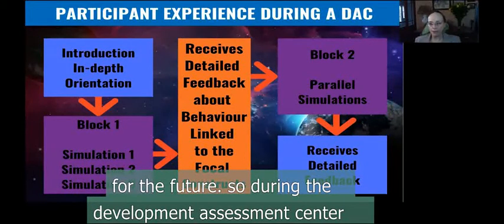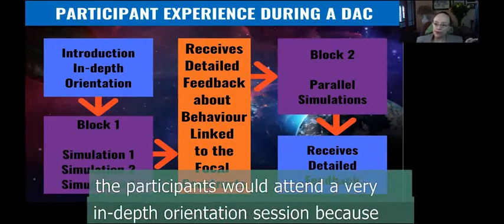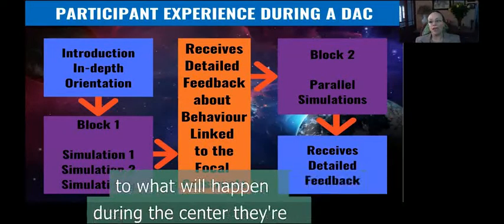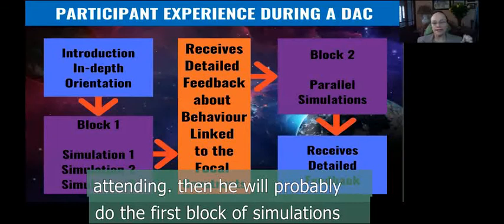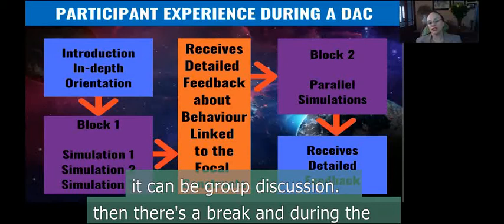So during a development assessment center, the structure or the process would be something like this: participants would attend a very in-depth orientation, because they need to be cognitively prepared and emotionally prepared as to what will happen during the center that they're attending. Then they would probably do the first block of simulations or assessments. It can be an in-basket, it can be a role play, it can be a group discussion.